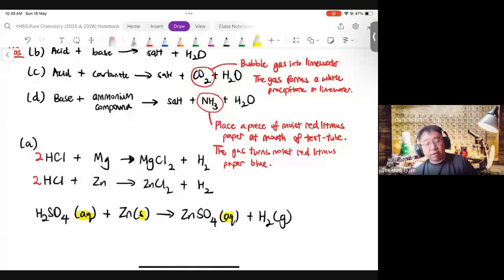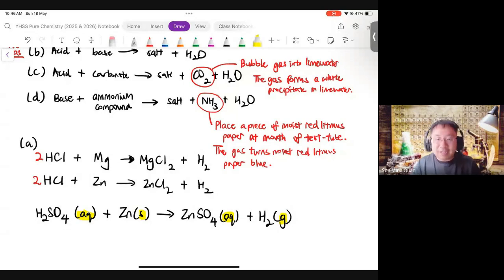All right, just a very quick recap. Aqueous means dissolved in water. So what is aqueous? Well, the acids must be aqueous. If they are not aqueous, the acids do not produce H plus ions. They do not dissociate and ionize. Must be aqueous. The metal is a solid. Metals are solids, right?